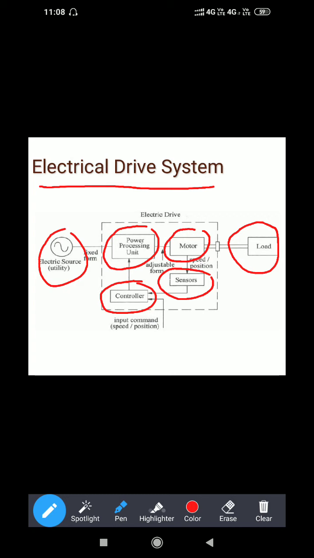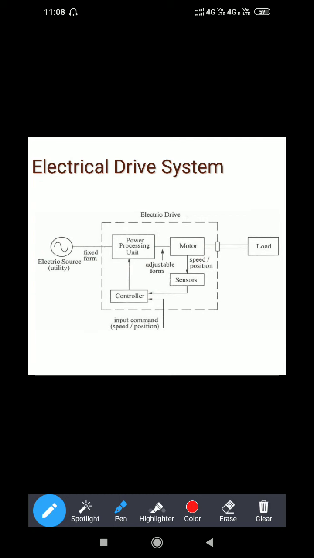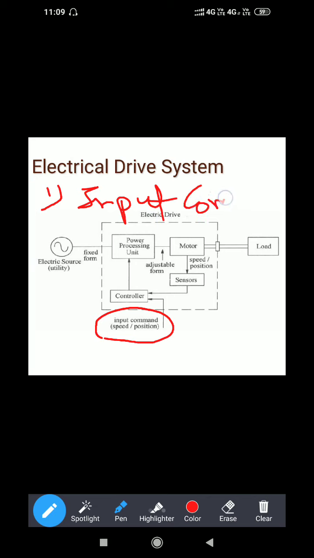First of all, we'll see the input command. What is an input command? Here we have shown the input command.